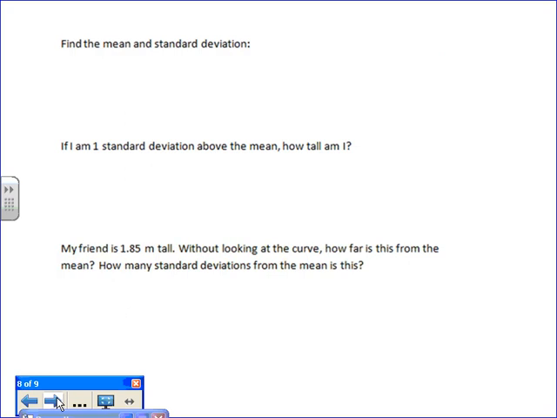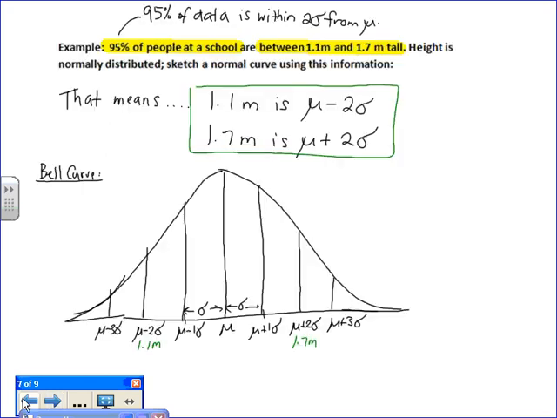It says find the mean and find the standard deviation. Let's start with the mean. I know that the mean is going to be exactly in between 1.1 meters and 1.7 meters. It's got to be right in between those two, right? Because it's right in the center of this curve.